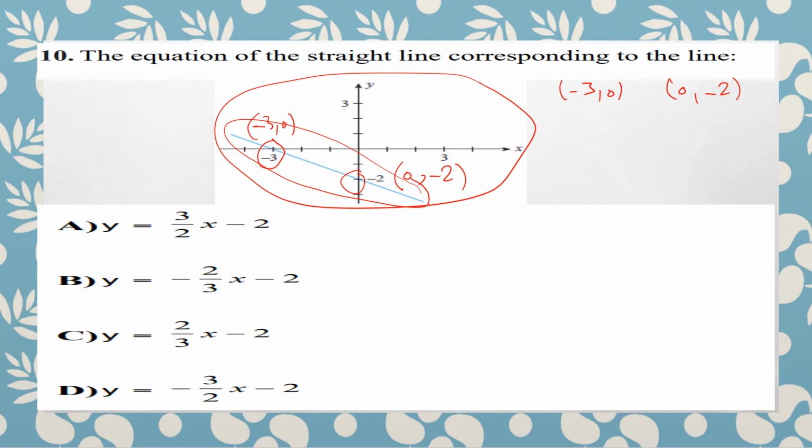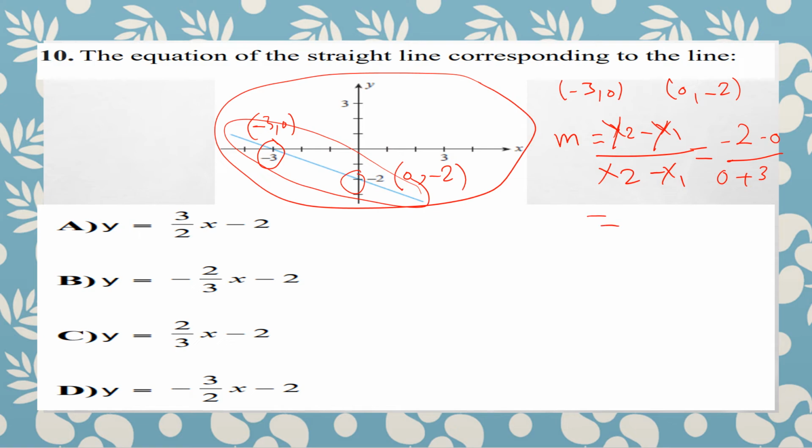We can find the slope from these two points, and the slope is m equals y2 minus y1 over x2 minus x1, and this equals (-2 minus 0) over (0 minus (-3)), which is 0 plus 3.